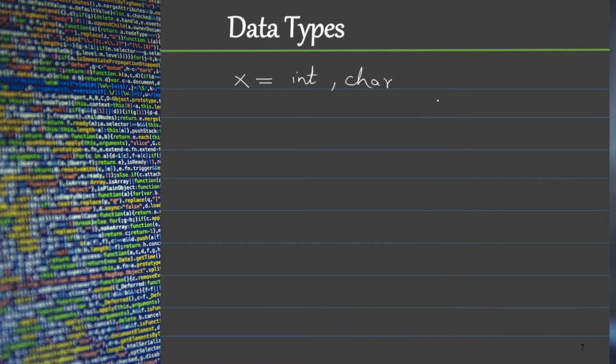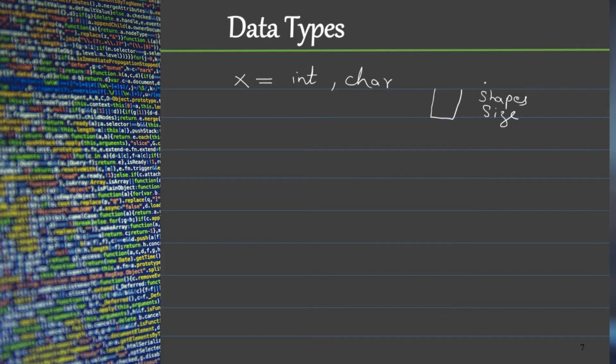Another way is to see it as a container, because it is holding something, and containers can be of different shapes and different sizes. Size is very important and shape is also very important.